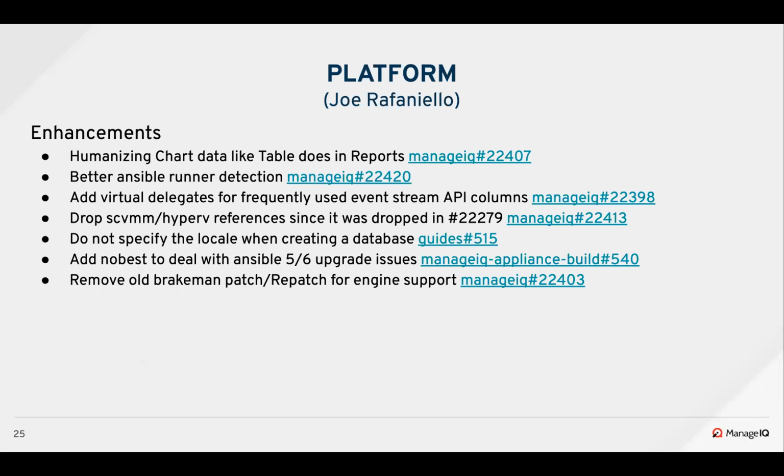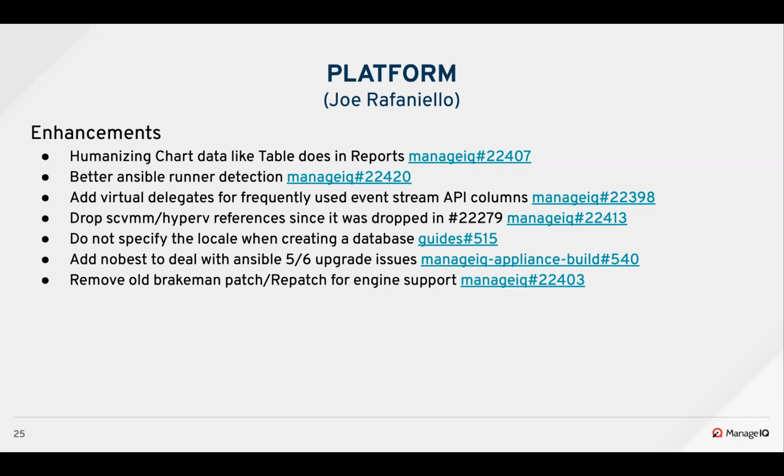Okay, for the platform enhancements, Hero improved charting by adding a mechanism to present charts with the relevant storage unit based on the data. Jason improved our Ansible runner environment to properly detect Python paths instead of using hard-coded values. I added a virtual delegate for some common event stream timeline columns, basically the host name, EMS name, and VM name. As Adam mentioned, I removed some Hyper-V references that were missing when we removed that provider.